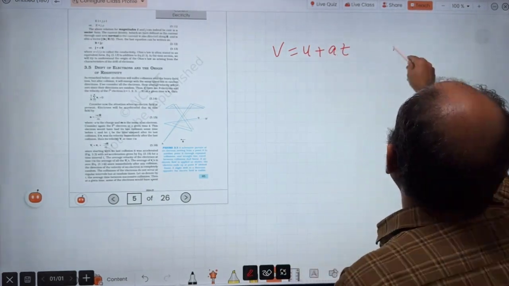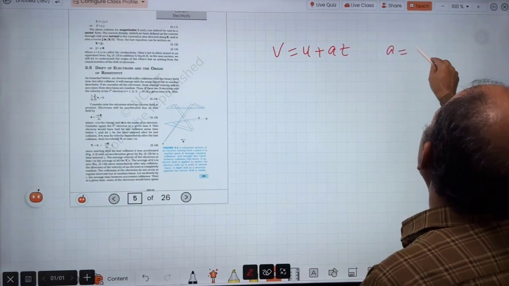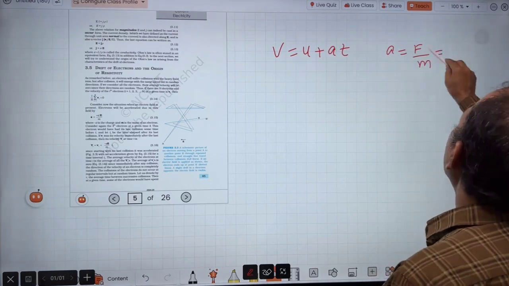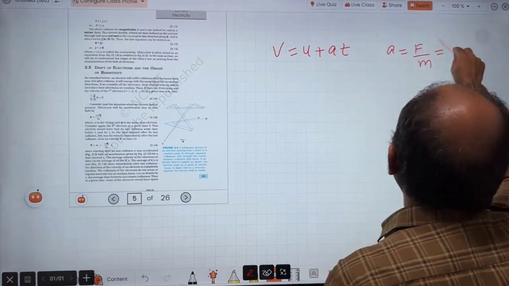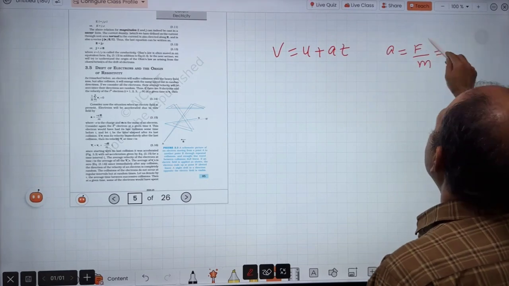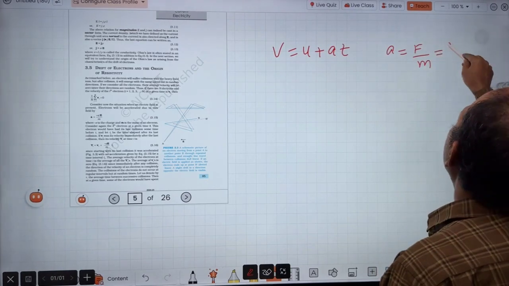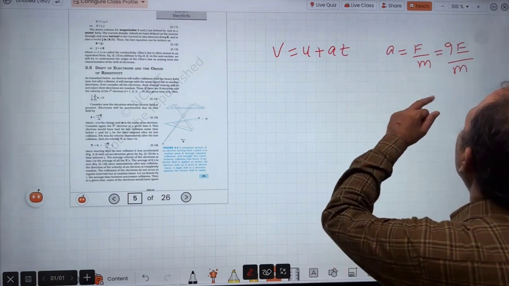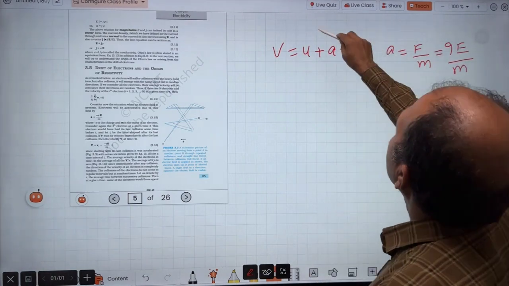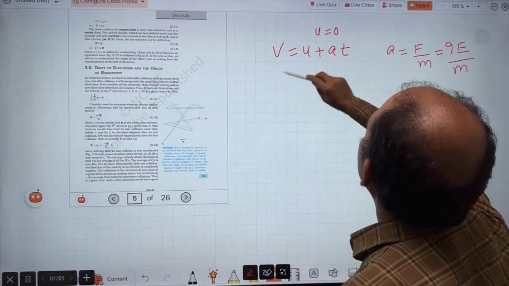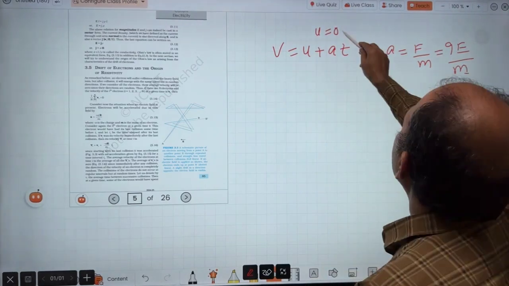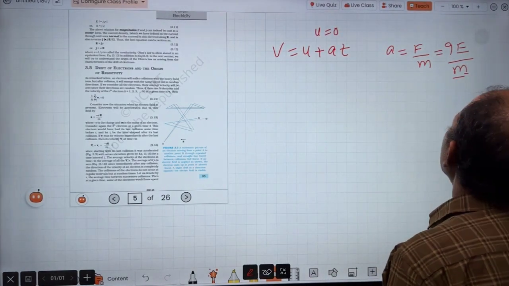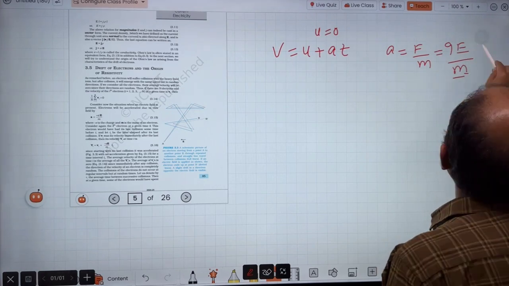Here A is acceleration, A equals force upon mass, and in case of an electric field, if charge is there, force will become QE. So we can write A equal to QE upon M. Initially, suppose the electron is at rest, so U will be 0, and we are considering the electron here, so M can be written as m_e and Q as small e.